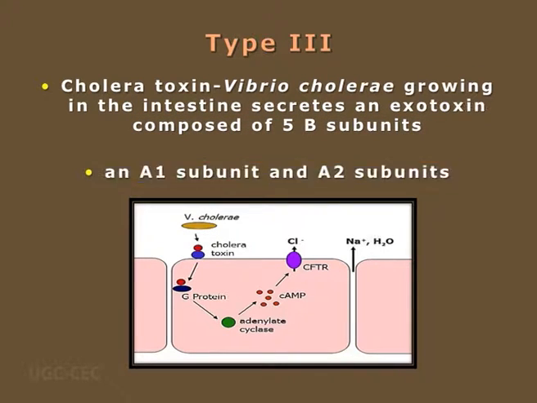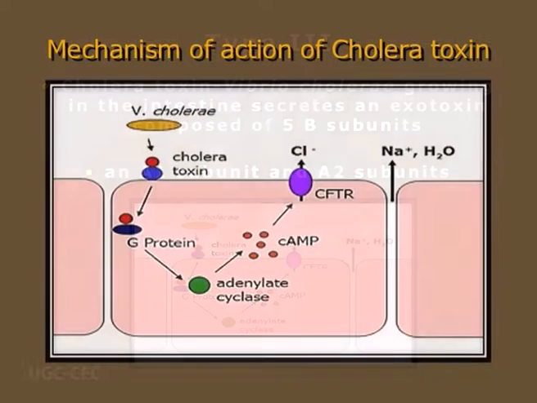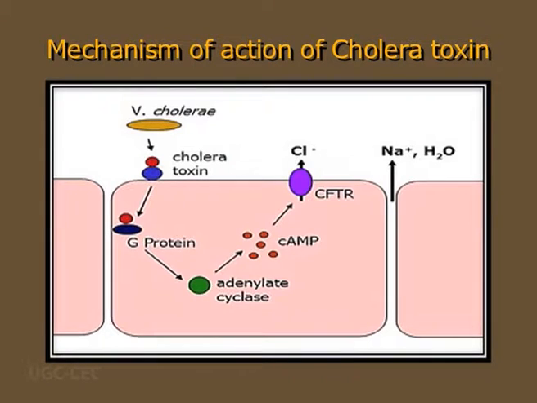So what it does, when these subunits get attached to the host cells, what I mean by host is where it is going to infect, it will bind to the receptor, get internalized, react with the G protein and lead to the activity of adenylate cyclase, and correspondingly the amount of cAMP goes up, and this cAMP triggers a cascade of events due to which the electrolytes come out of the cells accompanied by water, so it causes watery diarrhea.